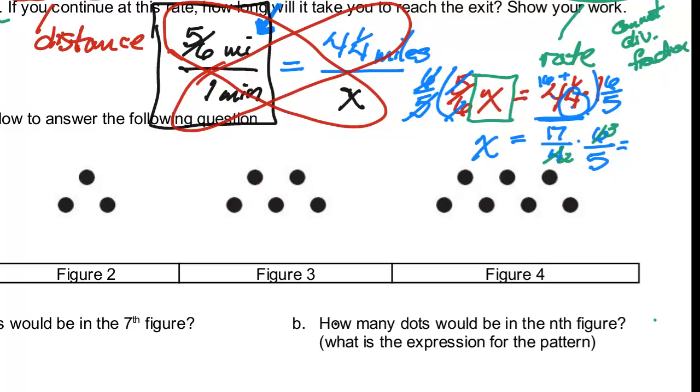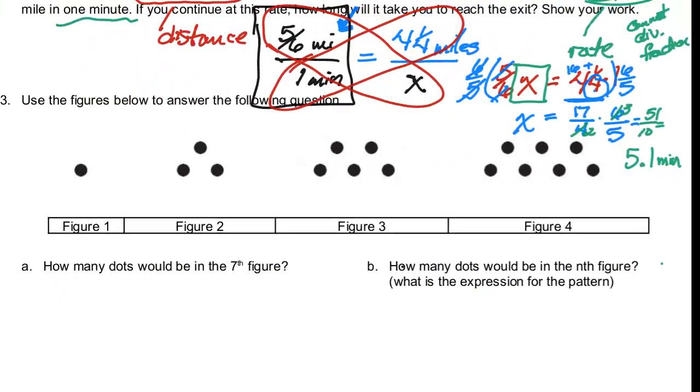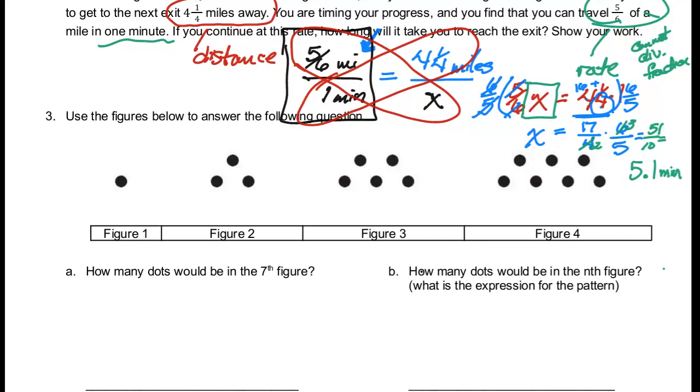I think you get 51 over 10, which simplifies to 5.1, and this is minutes. 5 1/10 of a minute.